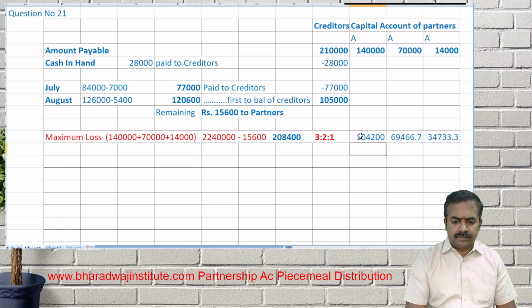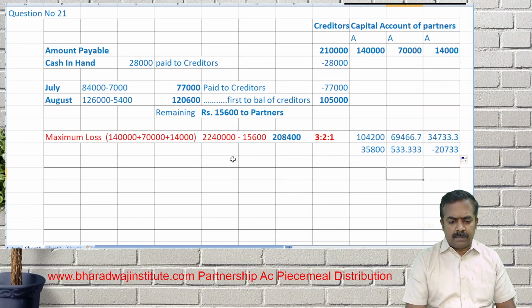Correct? 3:2:1 ratio. Subtract it, and you will get surplus or deficit. Unpaid capital minus this share of maximum loss will give us surplus or deficit.